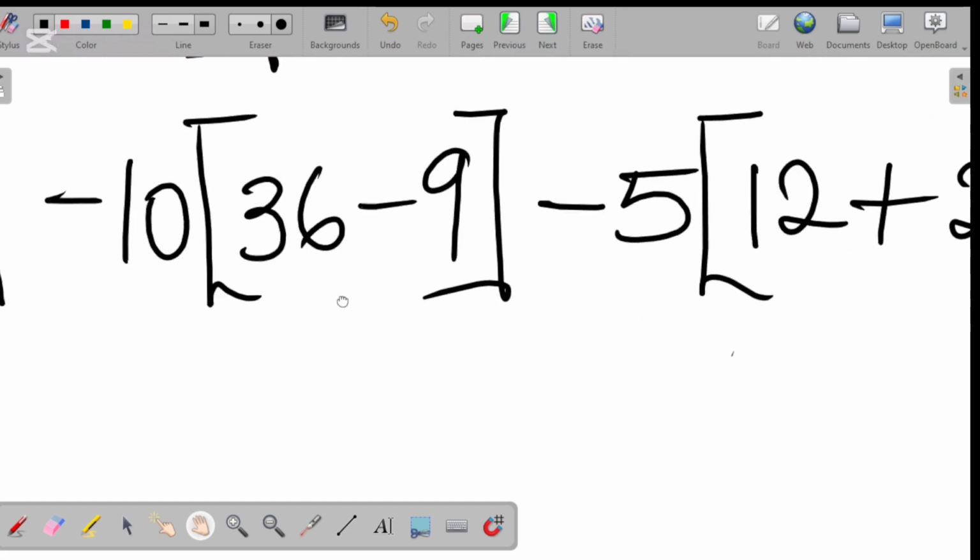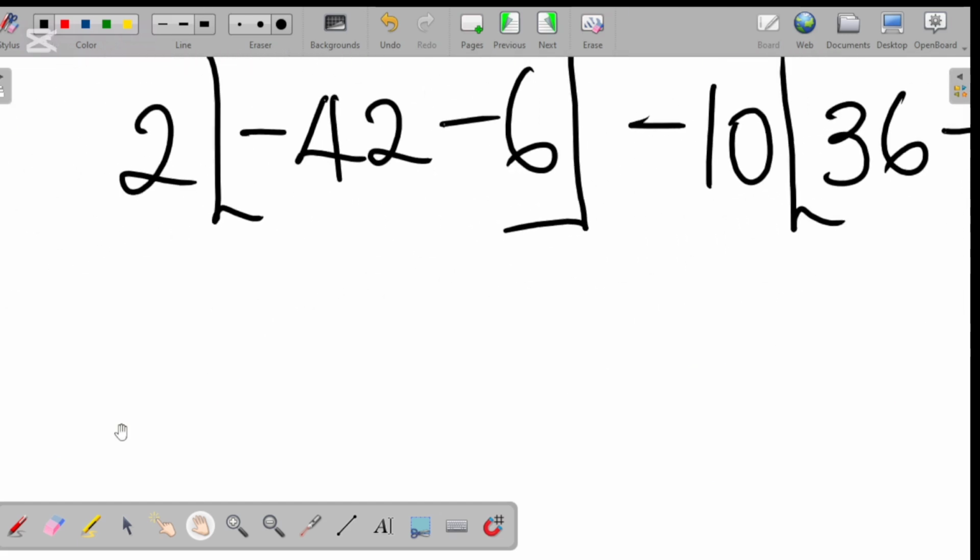All right. So we have here 2, open bracket, negative 42 minus 6. Negative 42 minus 6 gives us what? It gives us negative 48.